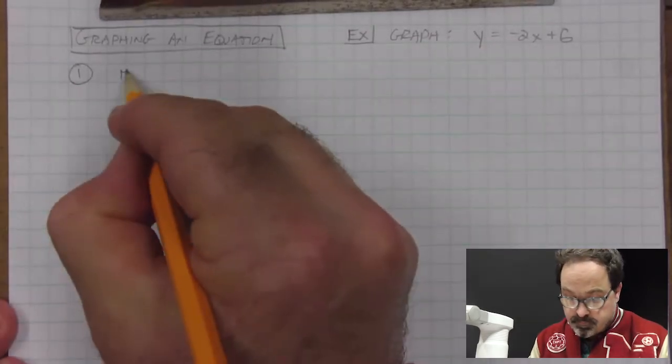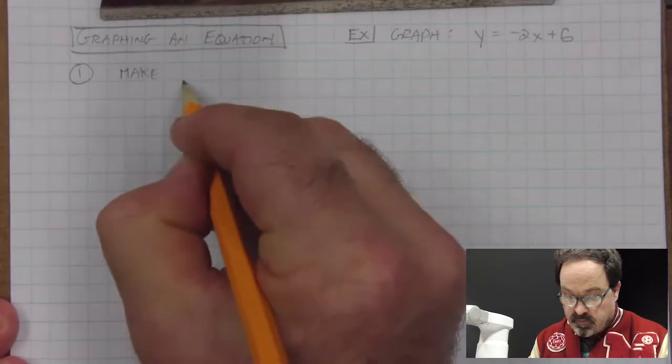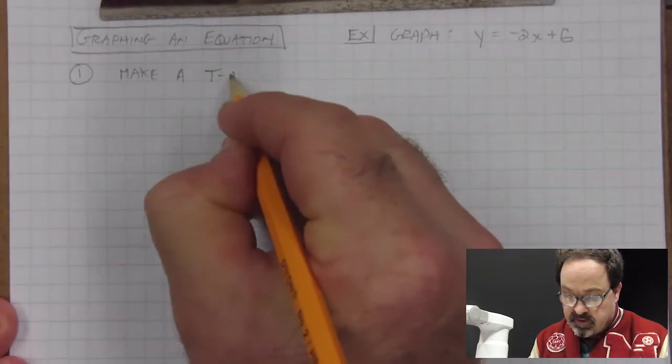Step number one is to make what we call a t-table.